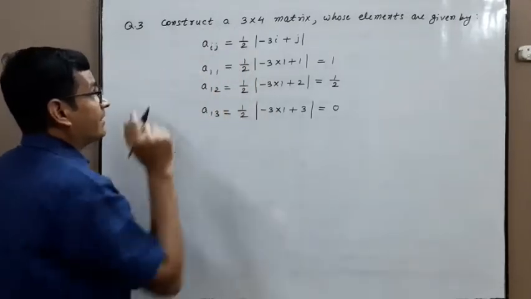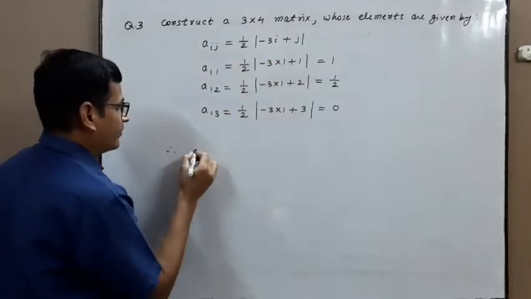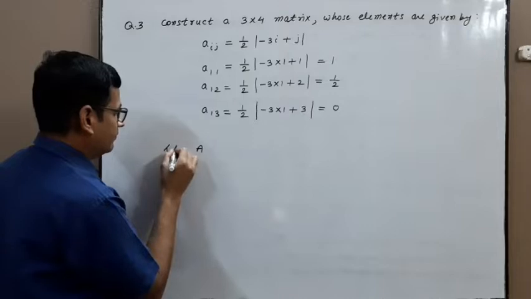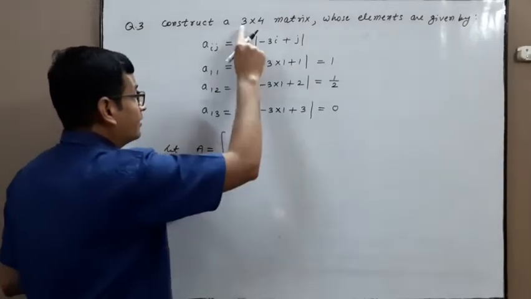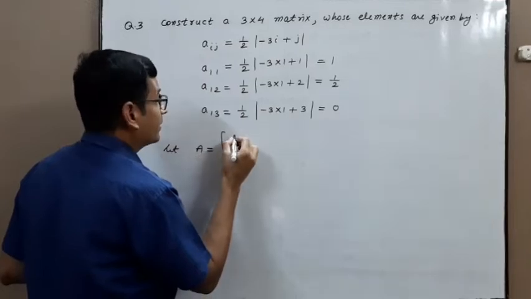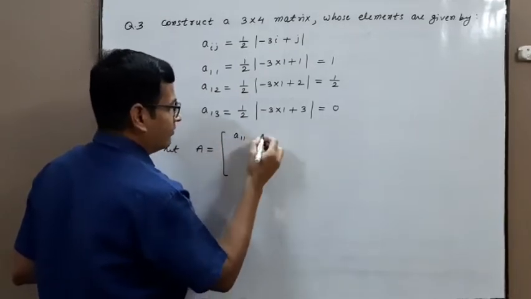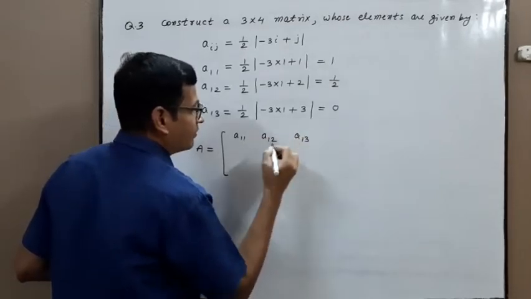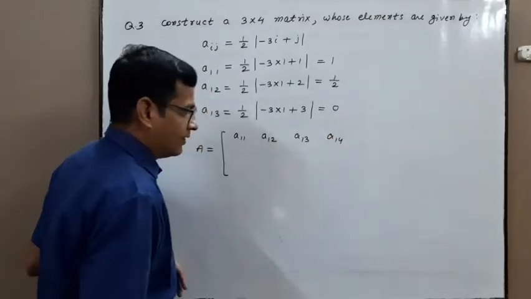Now construct a matrix of order 3 by 4. So let A is equal to, now there are 3 rows and 4 columns. So A11 is first row first column, first row second column, first row third column, and A14 means element of first row and fourth column.